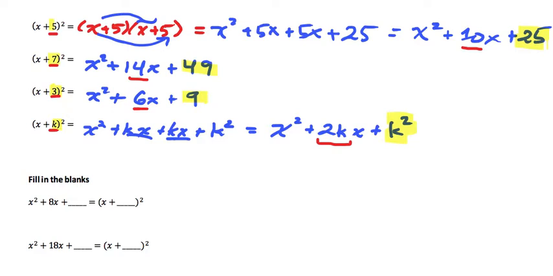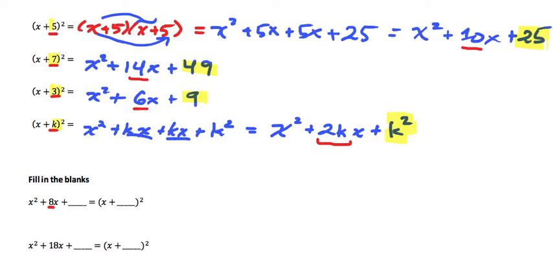Okay, so this number right here is key, x plus 8. Well, what's the pattern? This is the coefficient of the x term, and that's always going to be twice this number. So if you look back here at this example, 14x, x plus 7, 6x, x plus 3.